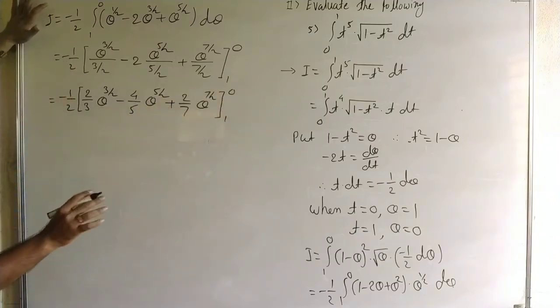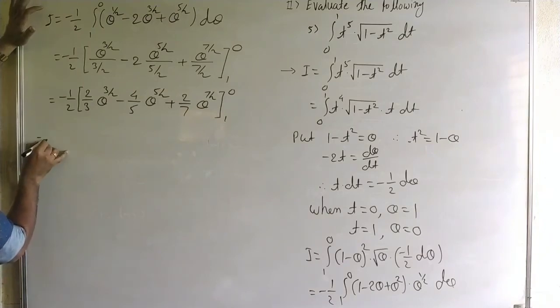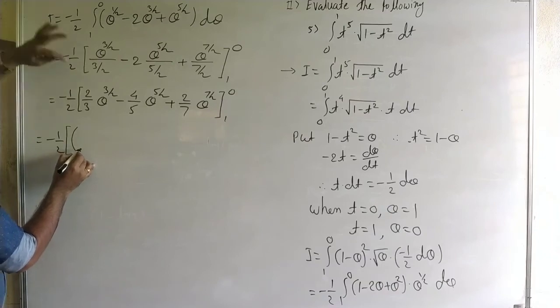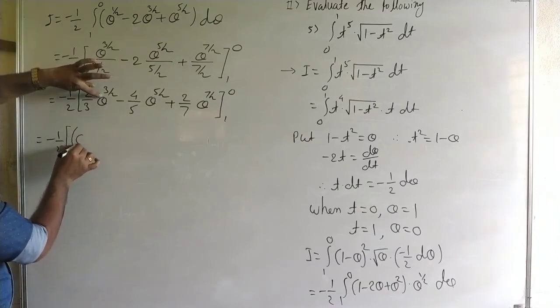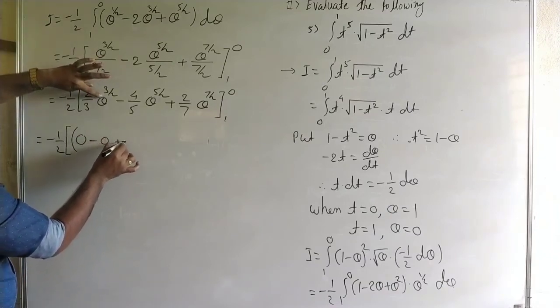Now here we put upper limit minus lower limit, therefore it is minus 1 by 2 into, first we put the upper limit 0, so first term 0, minus 0 and plus 0.